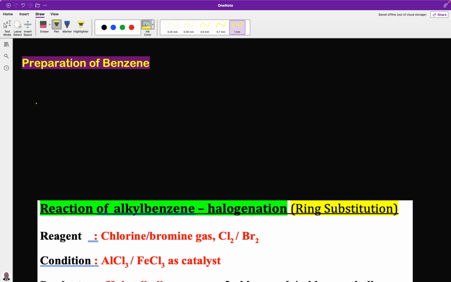In this, let me give you the equation. This is ethane. You can have benzene.